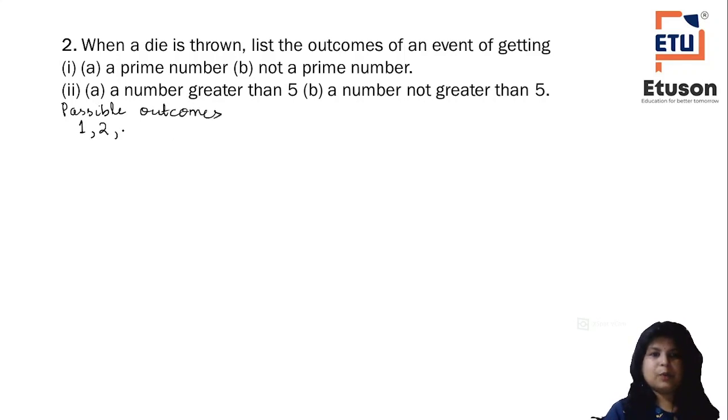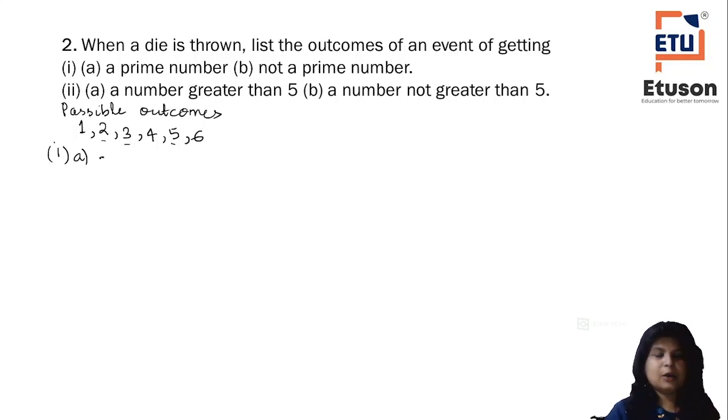Correct or not? So, 1, 2, 3, 4, 5 and 6. Now, coming to bit 1. So, first one, bit 1, a prime number. So, now how many prime numbers you can see out of these numbers? So, you have 2, 3 and 5. Correct or not?